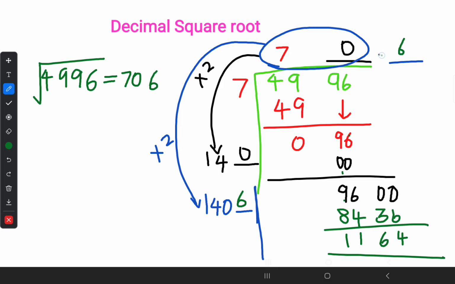Thereafter, let's place the decimal and bring down a pair of 0s. When you place the decimal, you cannot borrow only one zero like in our usual division. Since it is a square root division, you should borrow a pair of zeros. That's what I denoted here.